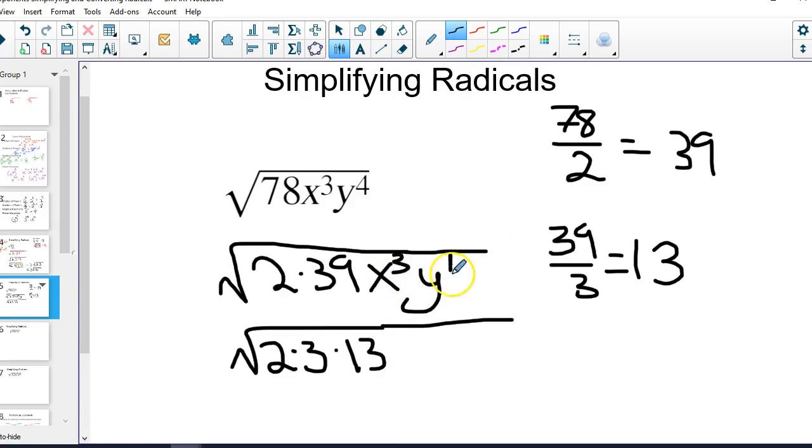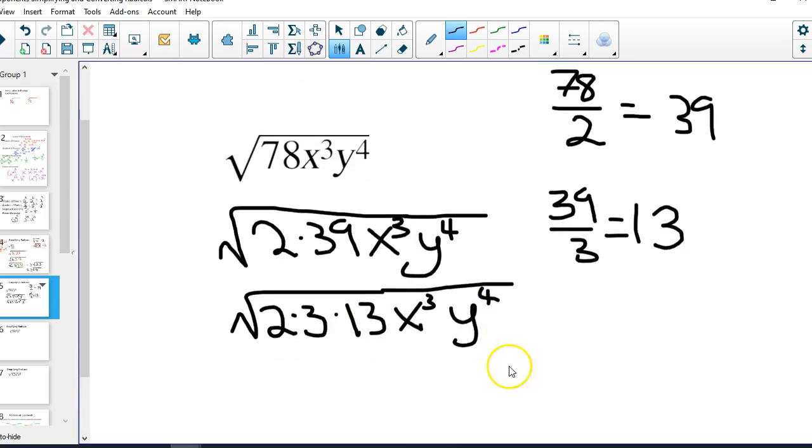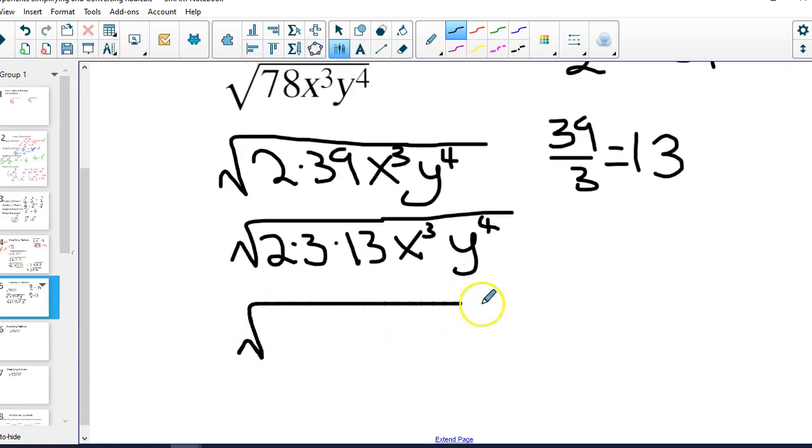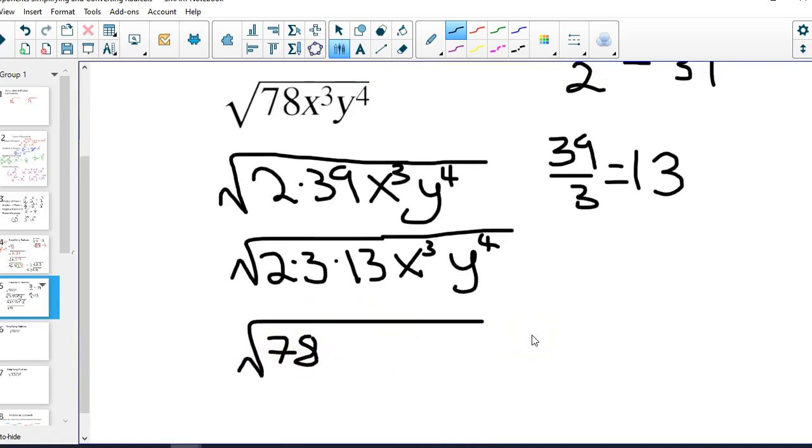Notice how we don't have any pairs here? Well, if I had a pair, I'd take it out, but in this case, there are no pairs. So the 78 is going to stay under the radical. That's okay. Now we can multiply all these back together to get our 78, since it can't simplify any further.